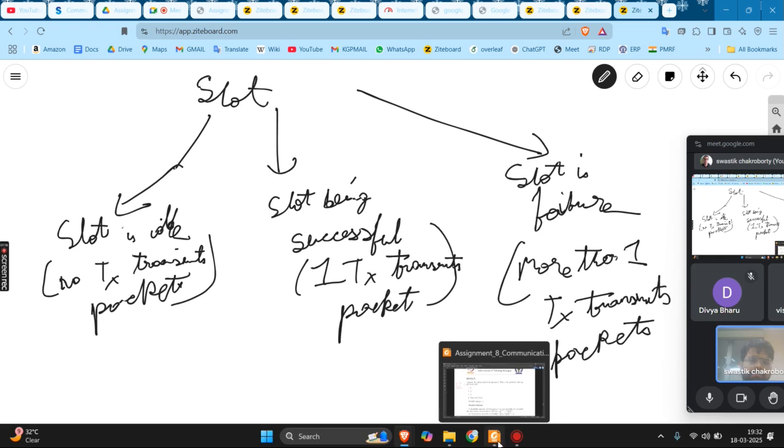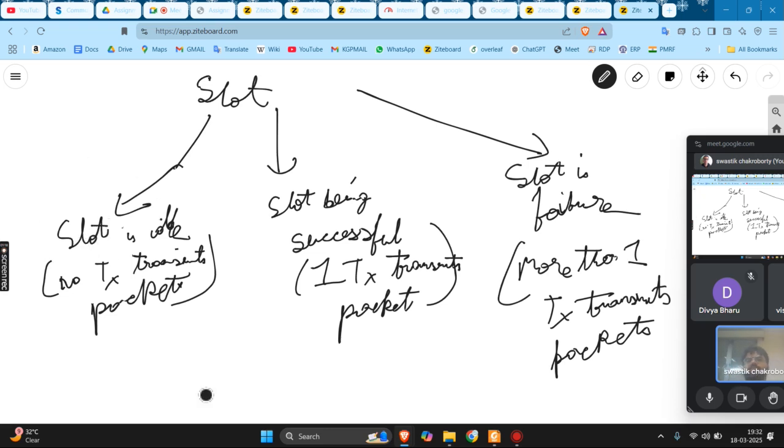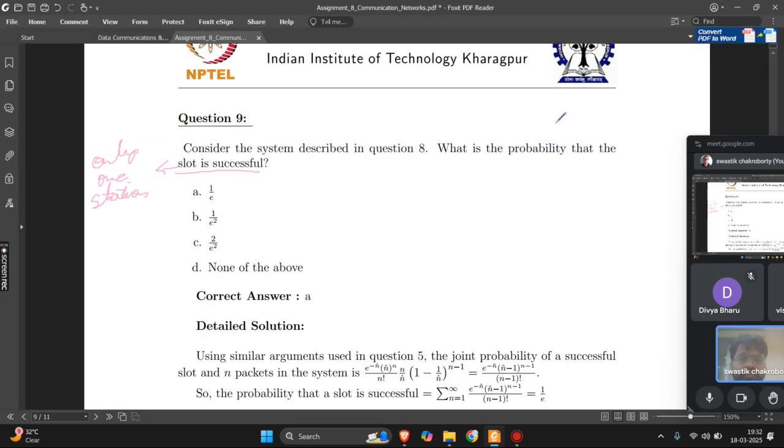So here we have covered the slot being idle, and these three are together an exhaustive set of events. That means it can either be idle or successful or failure. It cannot be in any other state. So the probability of these three will add up to 1, because either no or one or more than one packets can be transmitted, but there cannot be negative packets, right? So this is exhaustive. So next we have to find the probability.